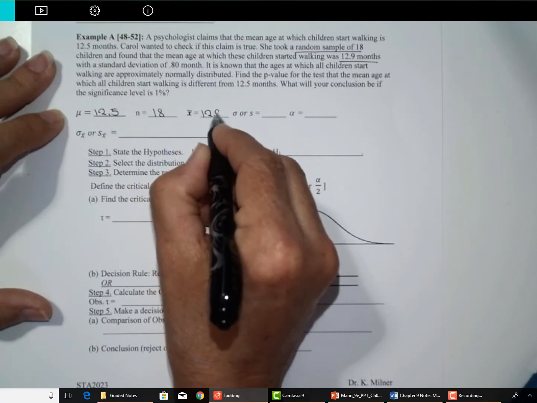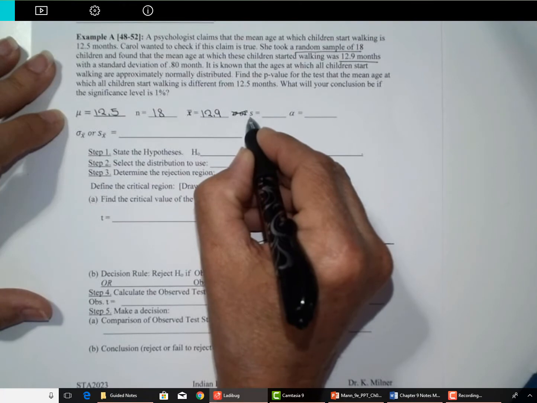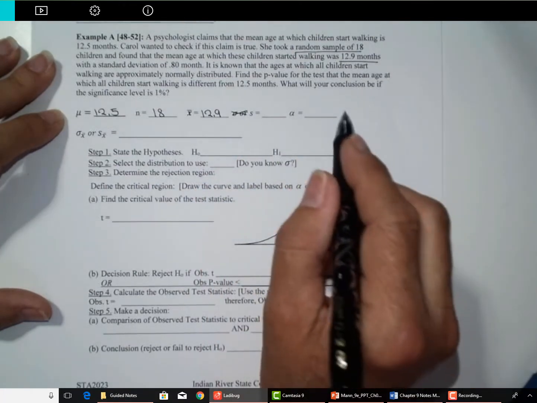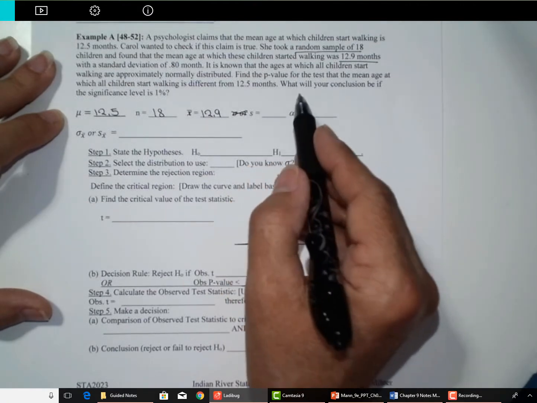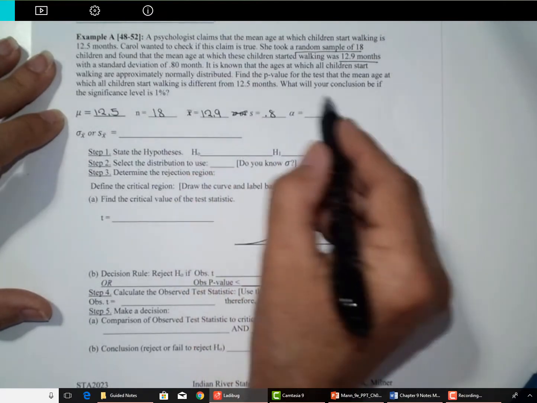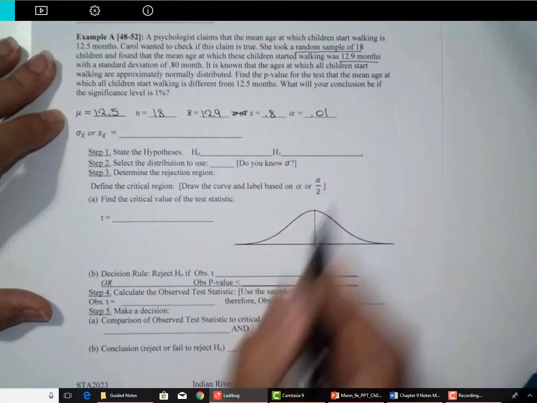So we've got our X bar, our sample mean. We don't have the population standard deviation. We have to deal with the sample standard deviation. Remember, that has the notation of S instead of sigma. So we have a standard deviation here of 0.8, and we want a significance level of 1%, which is 0.01.